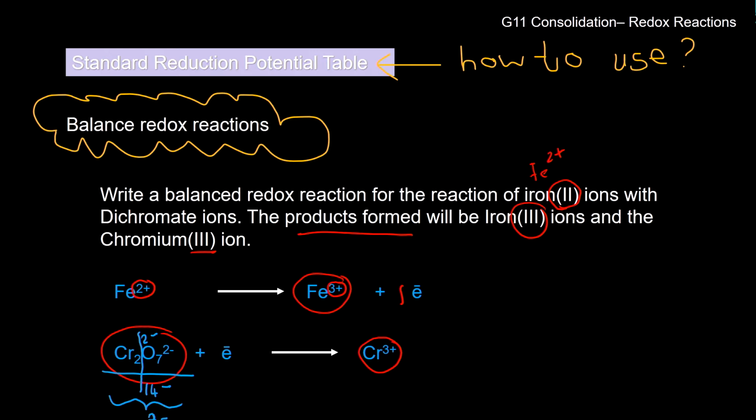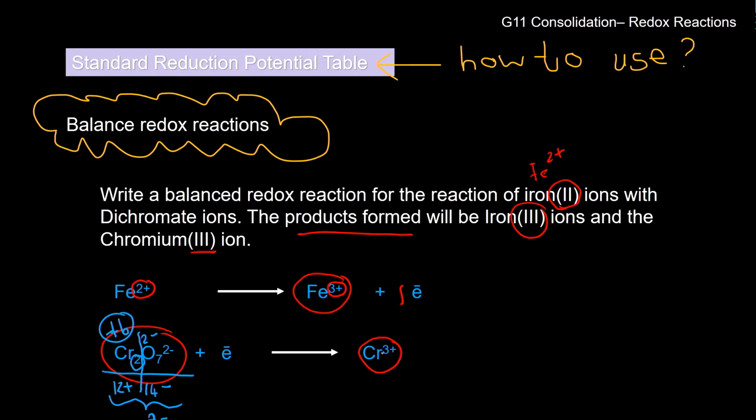So on this side, we have to have, how many charges? We have to have 12 plus charges. There are 2 chromium sitting in that complex ion, and so we divide 12 by 2 and we get plus 6. Okay, so I've got an oxidation number of chromium of plus 6.